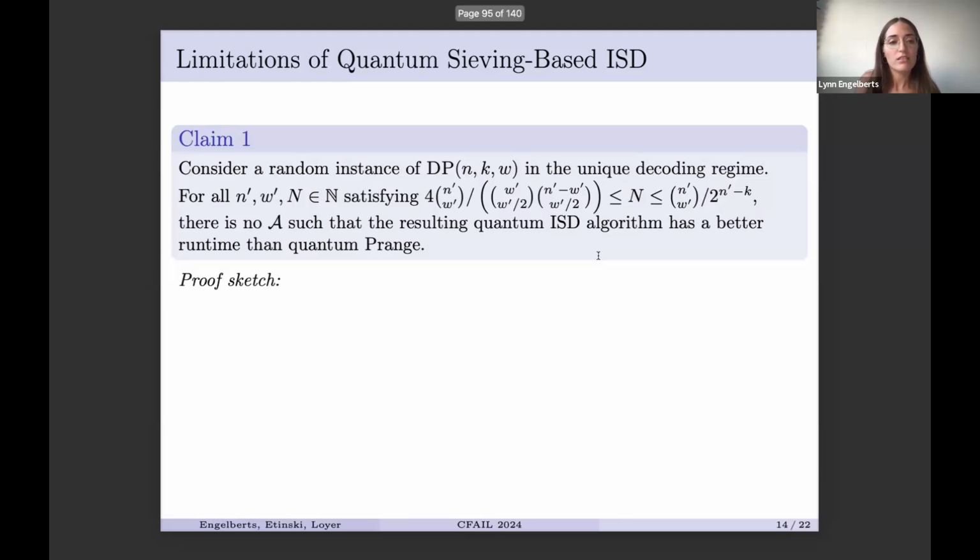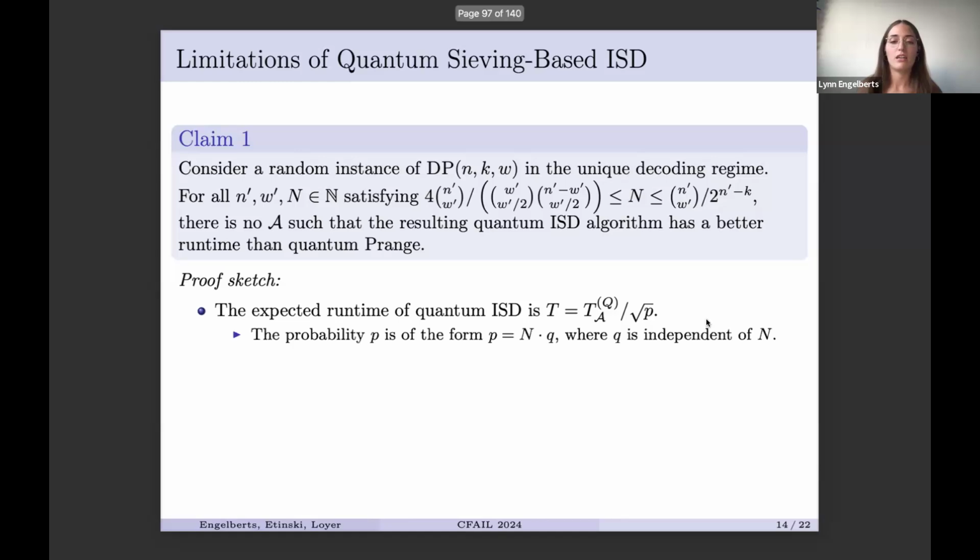So I'll sketch the proof now, because it's hopefully straightforward enough to follow. Recall that the expected runtime of quantum ISD was given by the runtime of this oracle times 1 over square root P, and P was the probability that one iteration in the ISD algorithm succeeds.